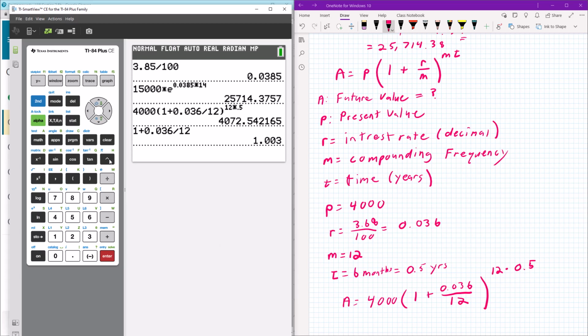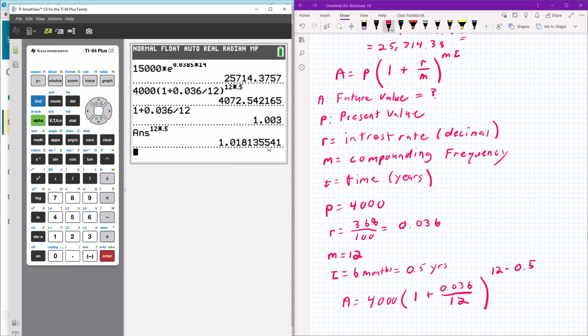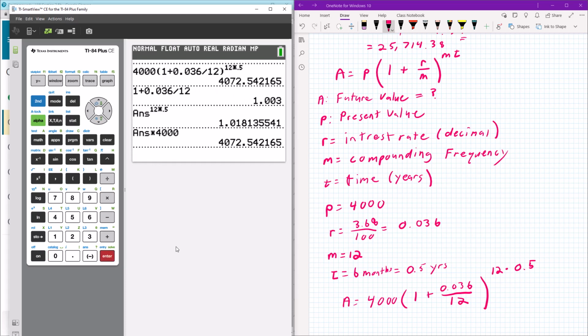All we need to do is hit power, and it'll take the previous answer and give you an exponent. And here we can do 12 times 0.5. Then all we have to do is multiply that by 4,000. And as you can see, we have the exact same answer. So it really doesn't matter how you do it, it's what you are most comfortable with.